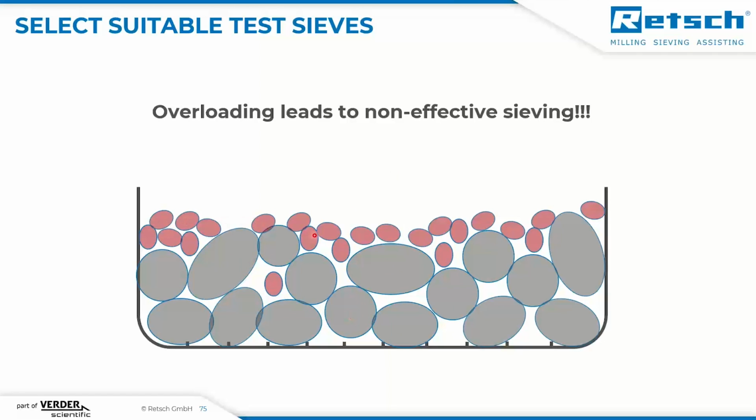The fine particles cannot really come through the sieve. So there's no chance of effective sieving anymore, because there's too much material on that sieve, and it would lead to false fractions, because those particles are much finer in reality and not considered to be on that sieve anymore.